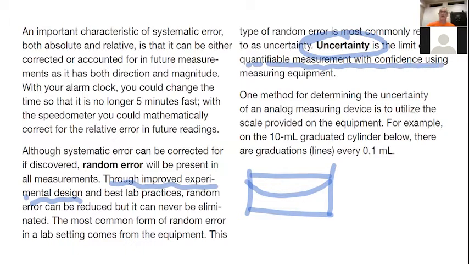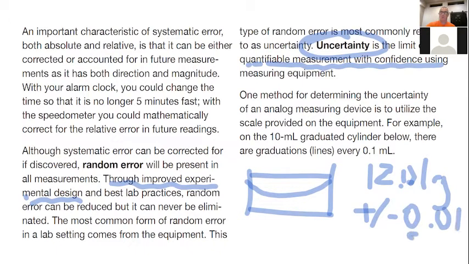Confidence meaning if I get a measure of 12.01 grams, I know that that is plus or minus 0.01 grams. That is knowing what your uncertainty is and having confidence that it's either 12.01, 12.00, or 11.99. And I can live with that. That's the amount of error I am certainly comfortable with.